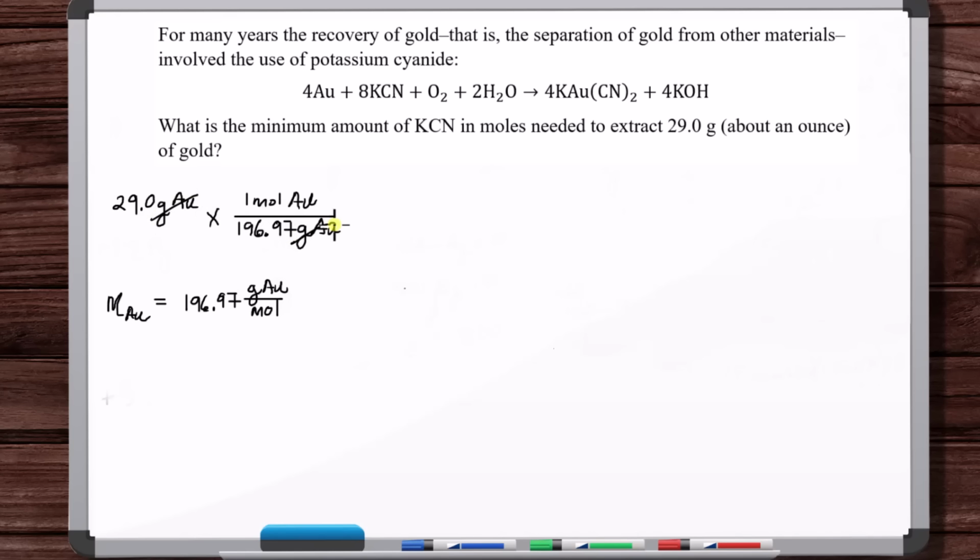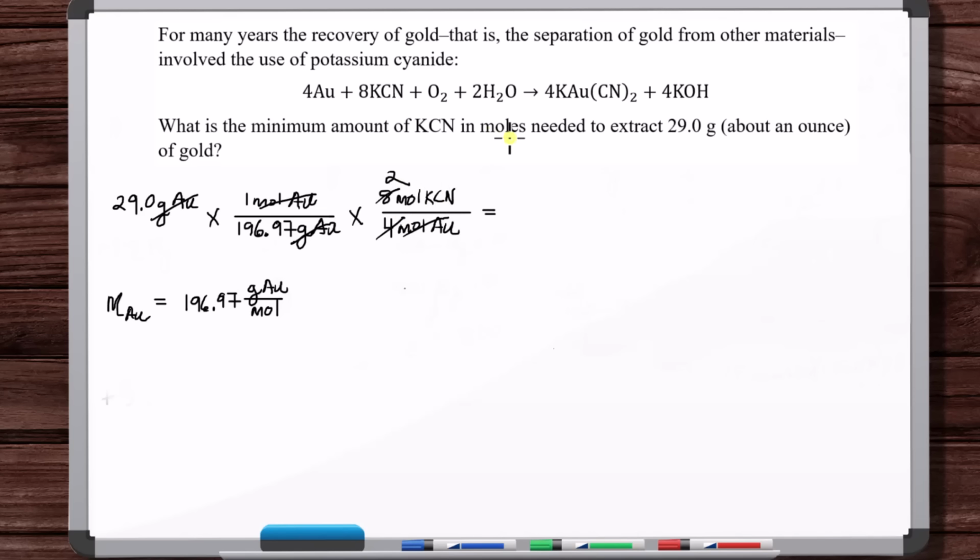All right, now let's use our stoichiometric equivalencies. According to this equation, for every 4 moles of gold consumed, 8 moles of potassium cyanide are consumed. Okay, and we could do this, and that's it.